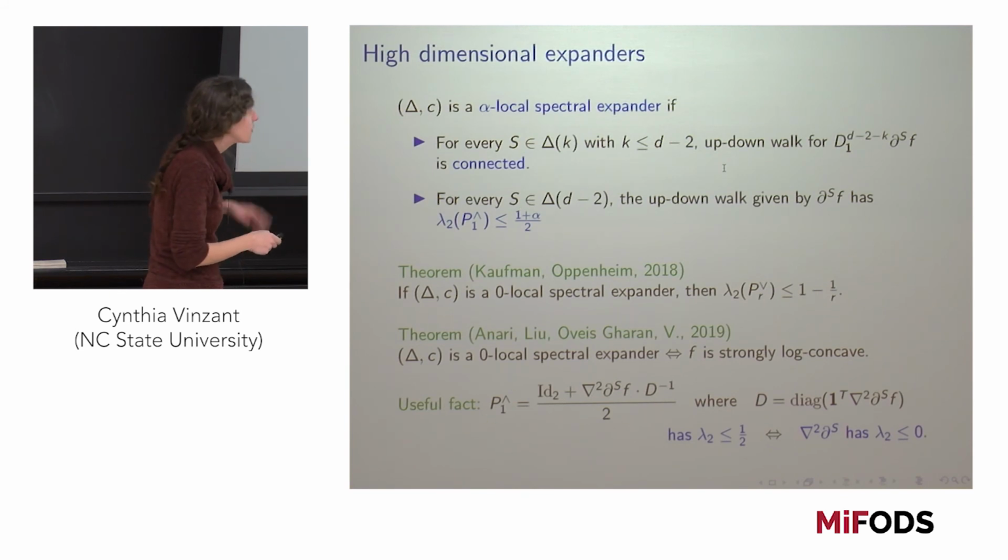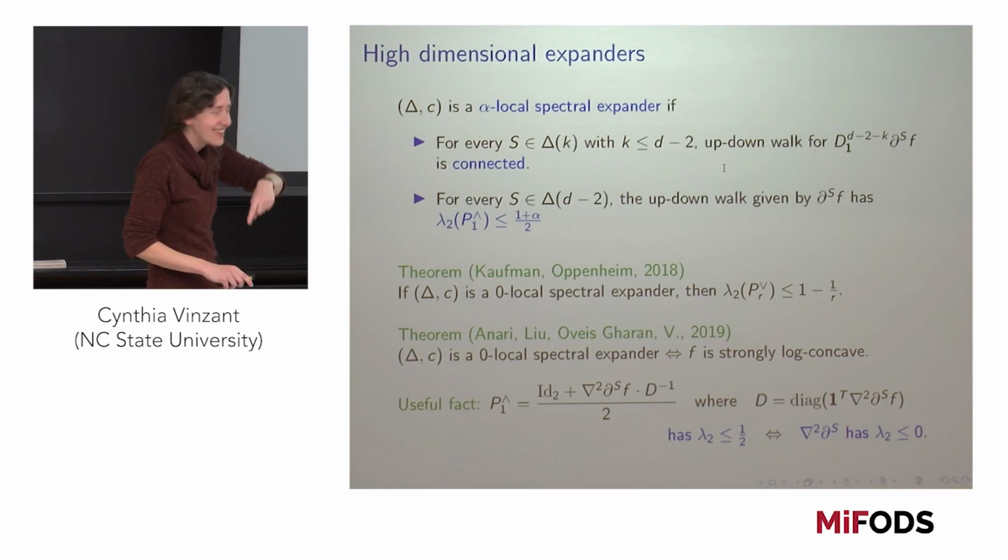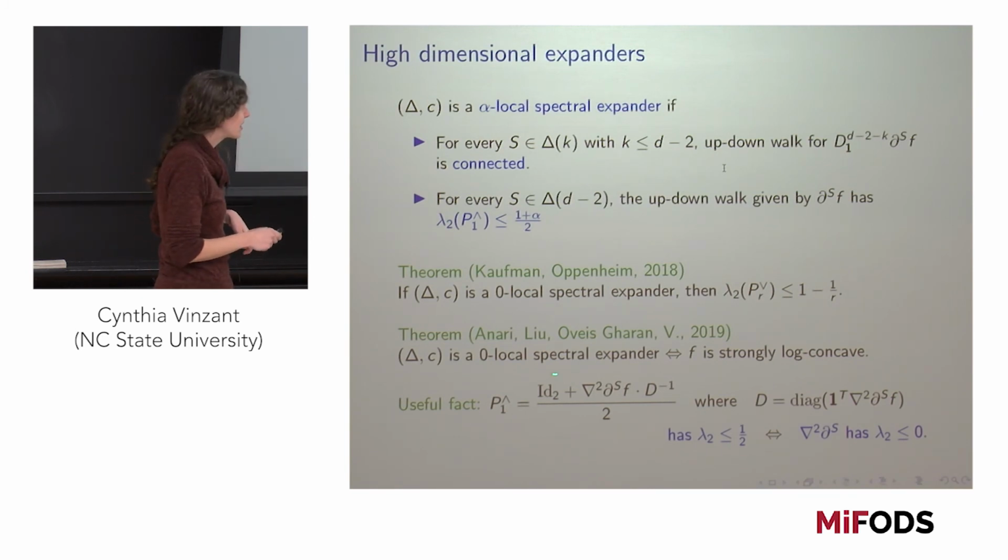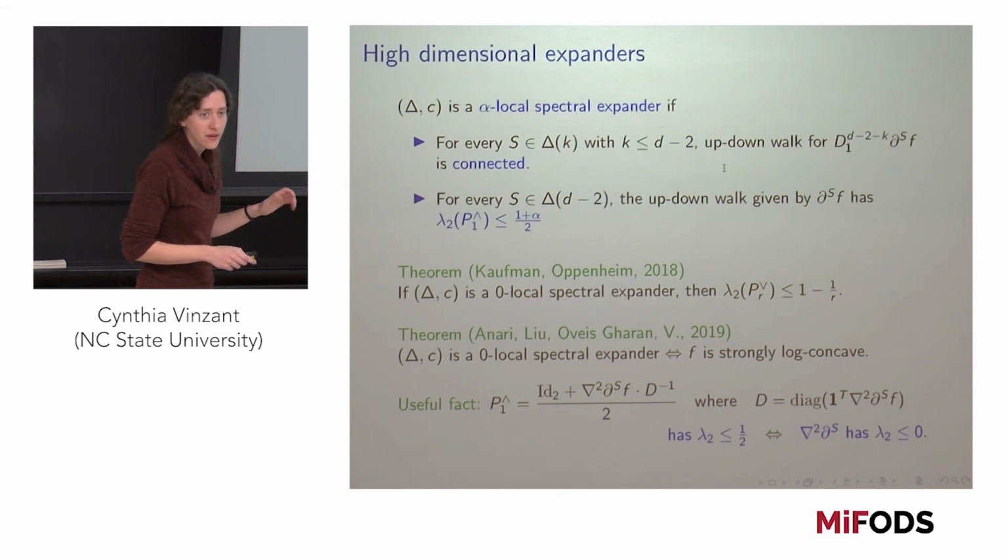So in particular, if you go through and write out the transition probabilities, what you get is the Hessian of this log-concave polynomial, times a diagonal matrix to make it into a transition matrix, and then you make the random walk lazy. And so you have this condition with alpha equals 0 if and only if the Hessian of this polynomial has second eigenvalue at most 0.